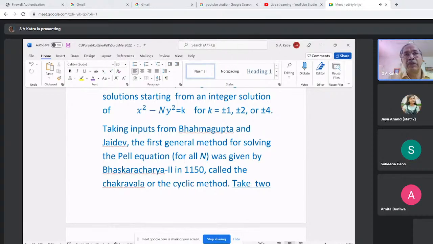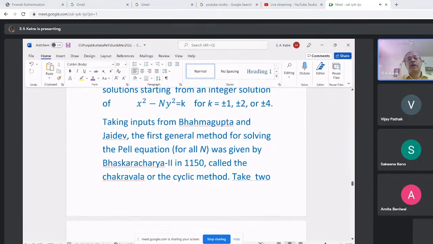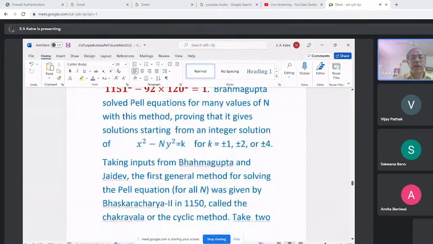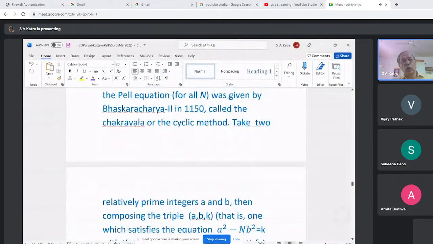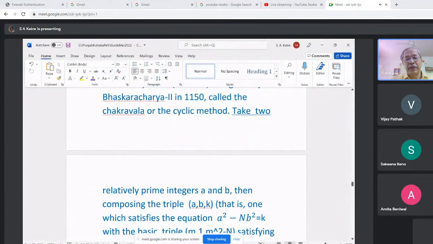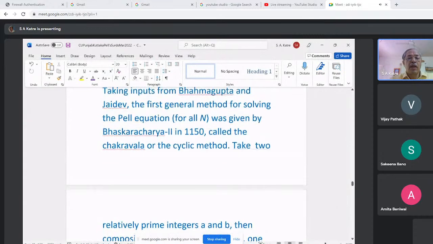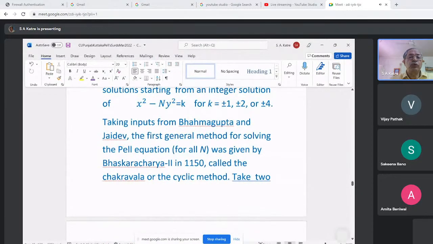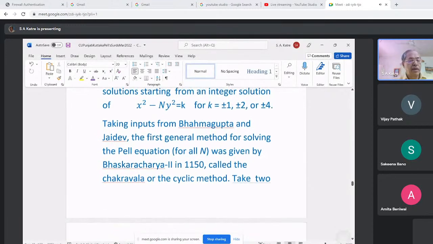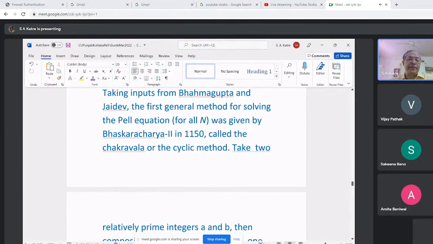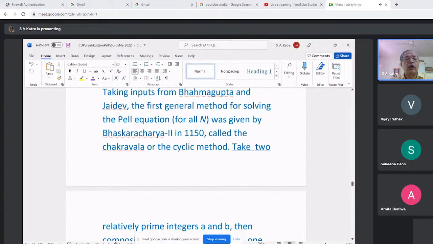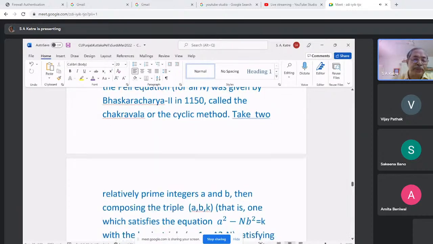D equal to 61, 67, they were not done by Brahmagupta, because some modification in this method was required, which was done by the later mathematicians. So taking inputs from Brahmagupta and Jaydev, the first general method for solving the Pell's equation for all n was given by Bhaskaracharya. And he called that Chakravala, or the cyclic method.